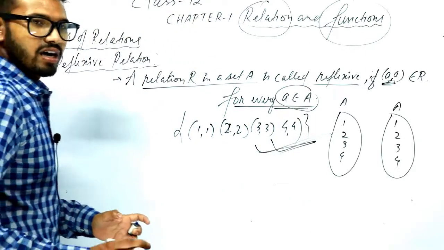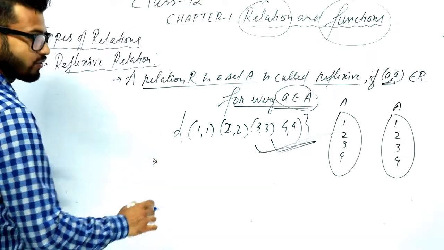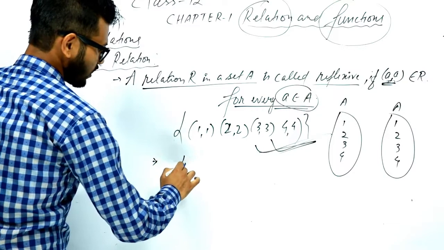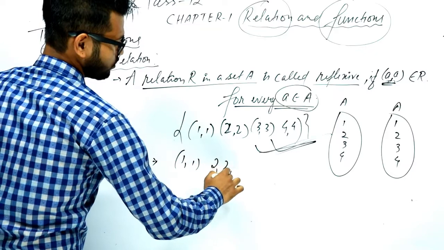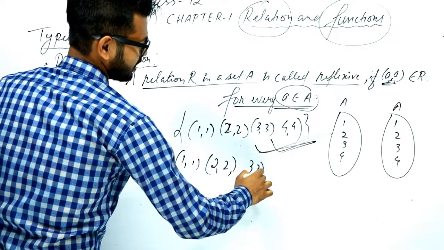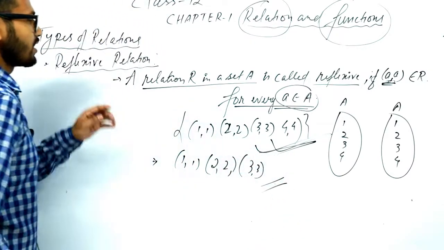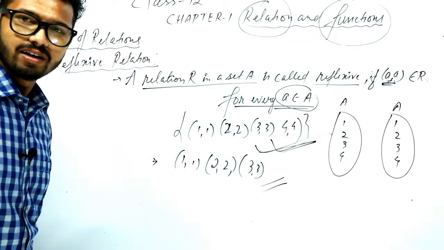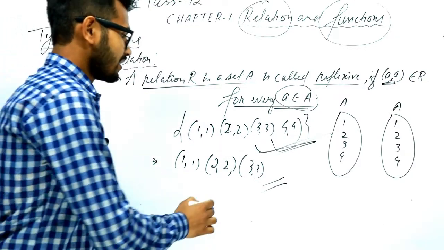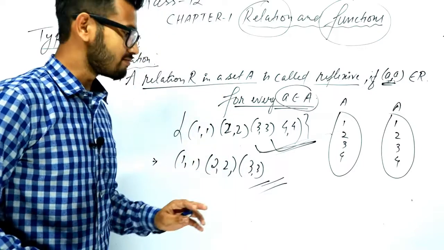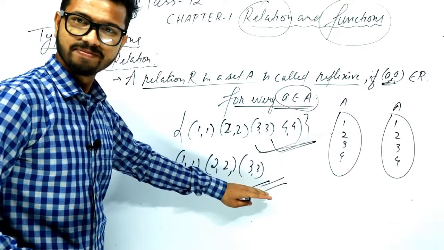So listen, if I put a question here, can I say 1 comma 1, 2 comma 2, 3 comma 3 is a reflexive relation? Does the definition satisfy the example? What do you say?